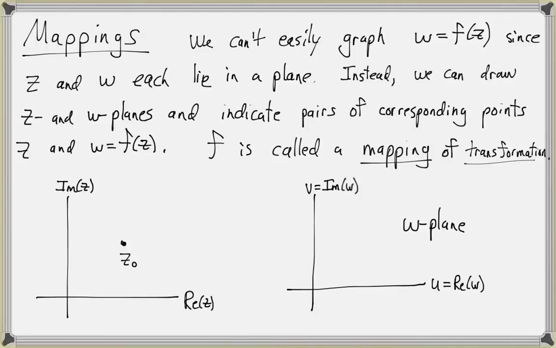And we have a correspondence where z0 gets paired up with a point w0 in the w-plane given by the definition of f. Let's look at some examples of elementary functions that map points from the z-plane into the w-plane.